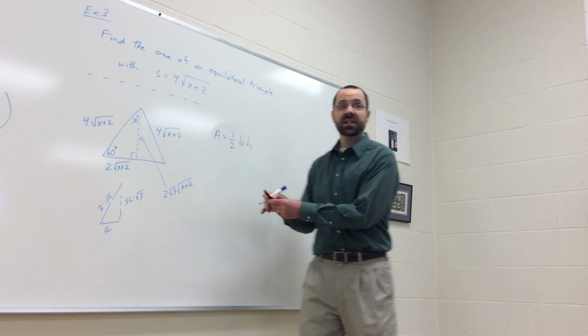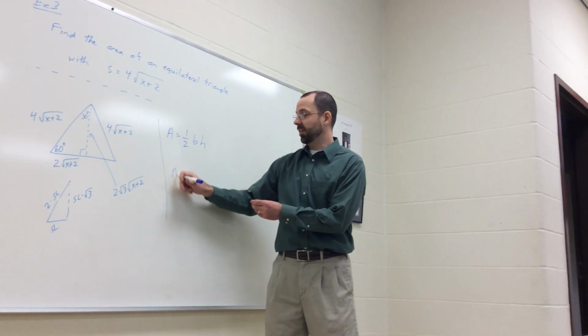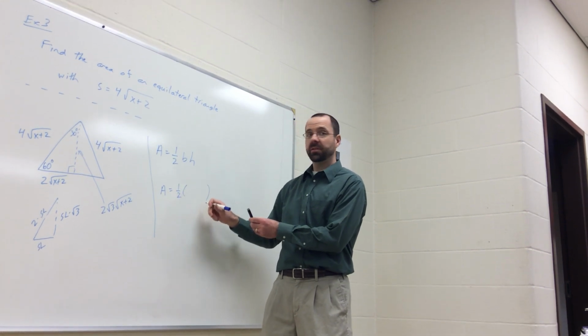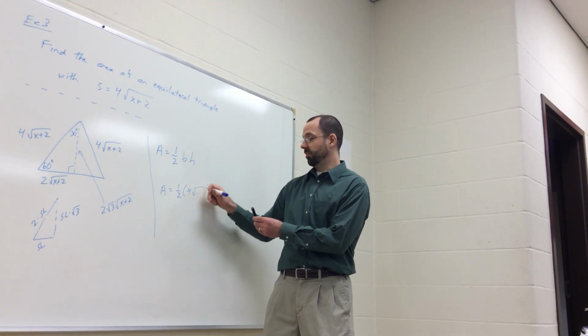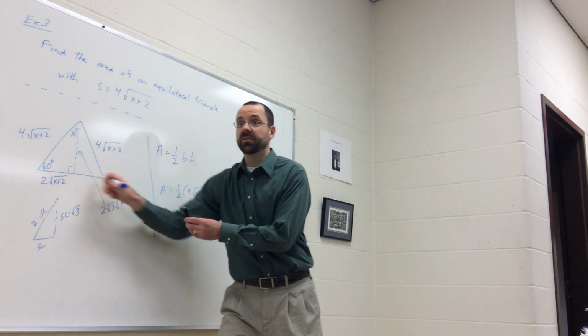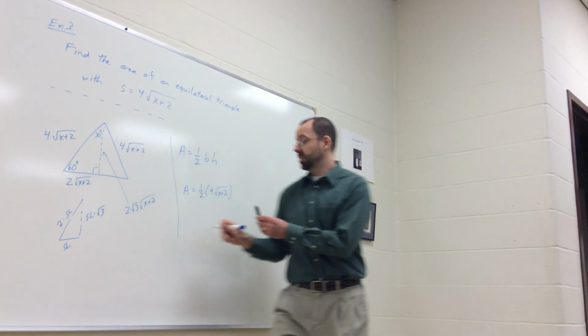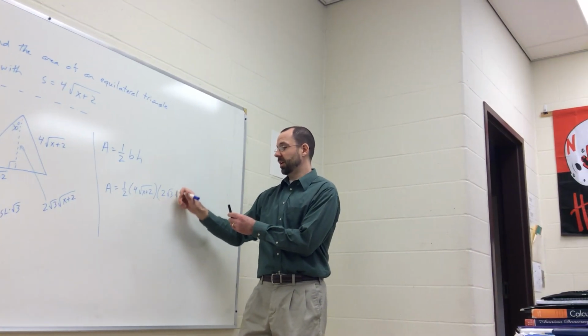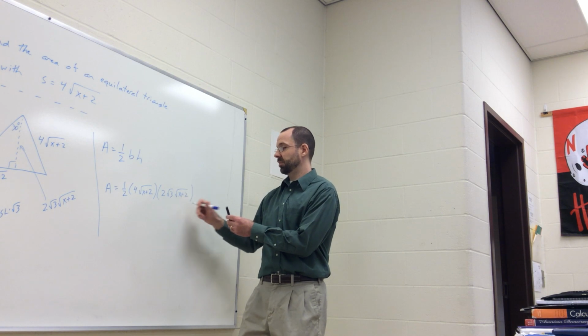All right, so now I'm going to go back to my area formula. Area equals 1/2 times the base, which is 4 times the square root of x plus 2, because that's the whole bottom of the triangle, times the height, which is 2 square roots of 3 times the square root of x plus 2.